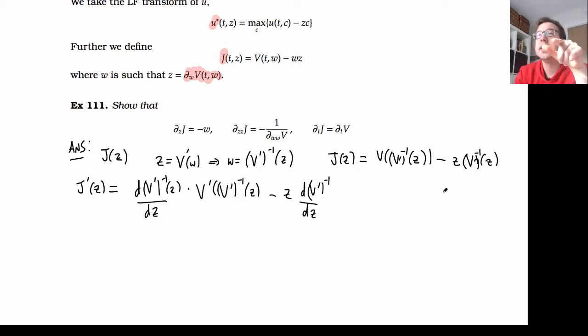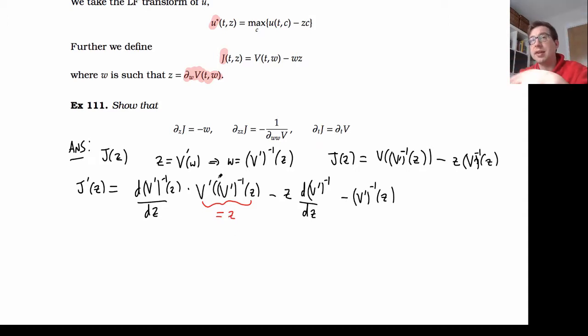And then I can differentiate with respect to z, and I'm going to get minus, and the derivative of z with respect to z is 1, so I get v dash to the minus 1 of z. Now the thing to notice is that we've got the derivative of v applied to the inverse of the derivative of v, which is just going to give me the identity function. I've applied a function to its inverse, and so I'm just going to get back to where I started from.